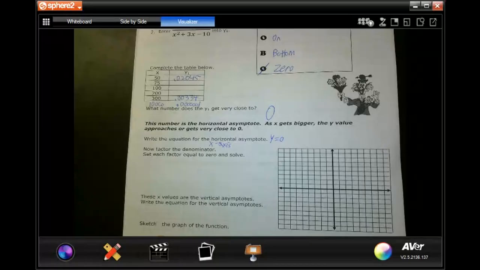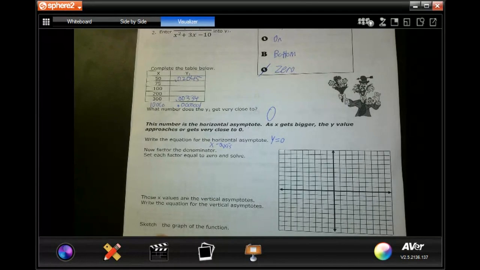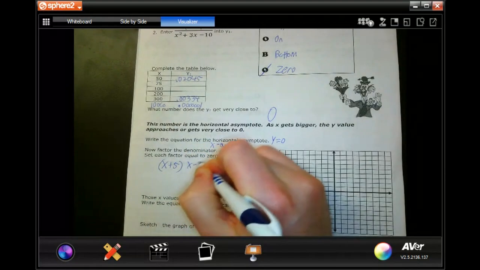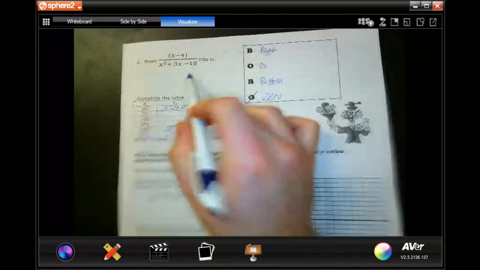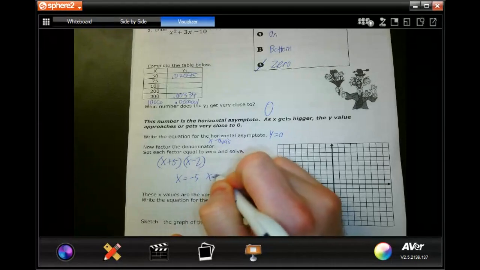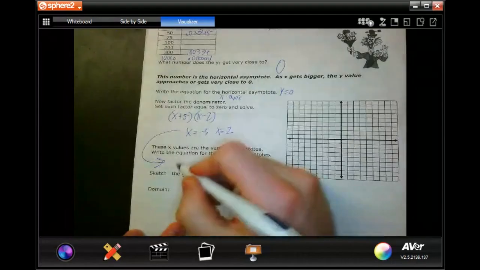Be careful. Anybody else? What were your factors? There we go. Yes, it's going to be x plus 5 and x minus 2. That's what the denominator factors to. So you have x equals negative 5 and x equals 2. So what are these things going to be? They're going to be your vertical asymptotes.